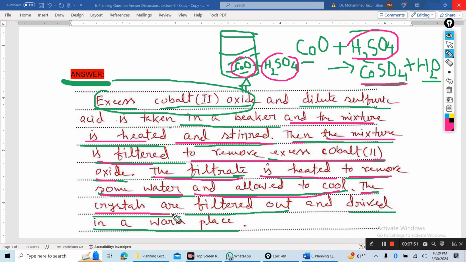The crystals are filtered off and dried in a warm place. This is the planning method, how you can prepare cobalt 2 sulfate crystals from cobalt 2 oxide and dilute sulfuric acid.